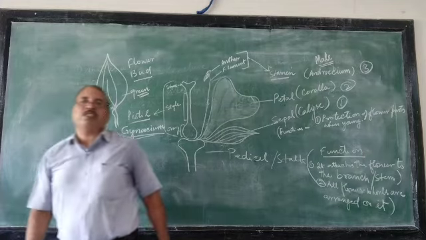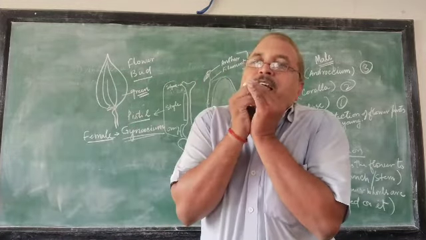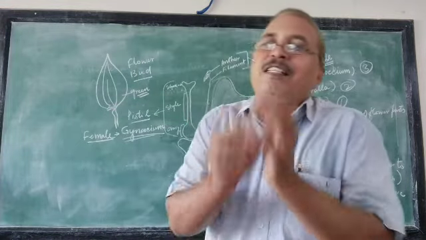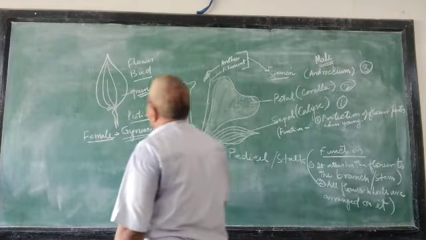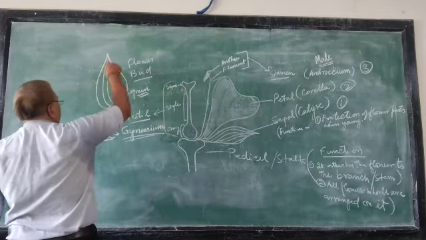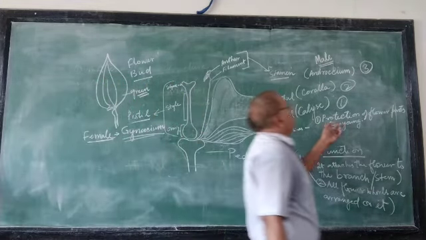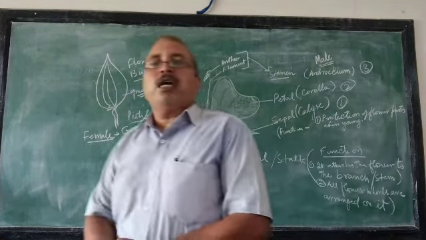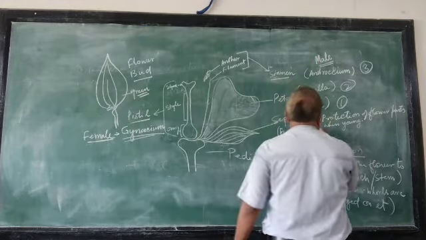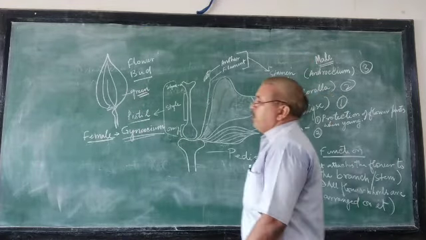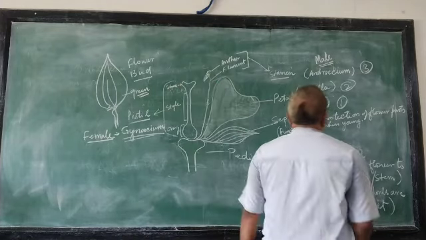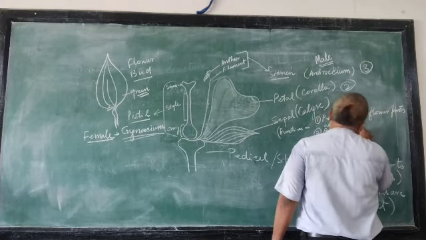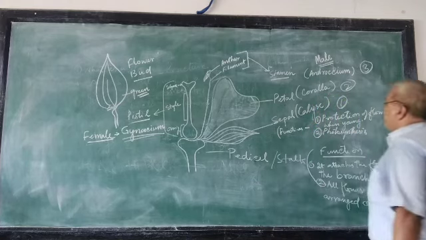So this green colored packing protects the flower parts when young, that is at bud stage. And the second important thing that it does is the process of photosynthesis, which you may know very well.